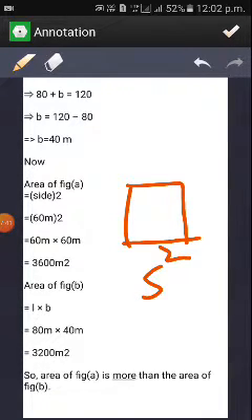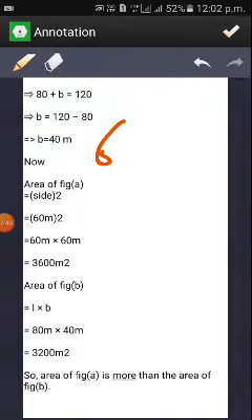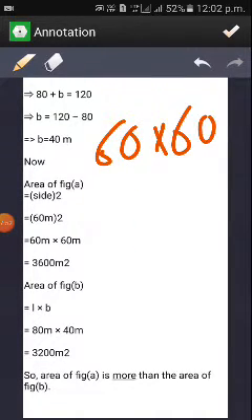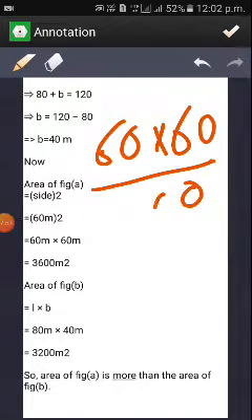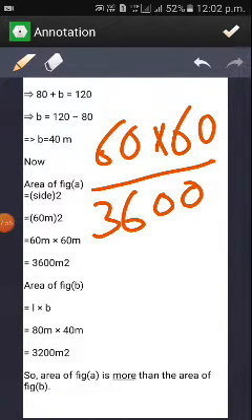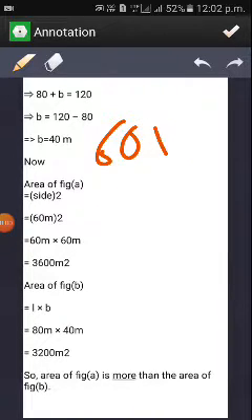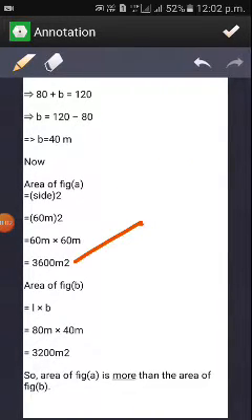So side is 60 meters, it becomes 60 into 60. So multiplying 60 and 60, we get 3600 meter square is the area of the first figure, which is a square.